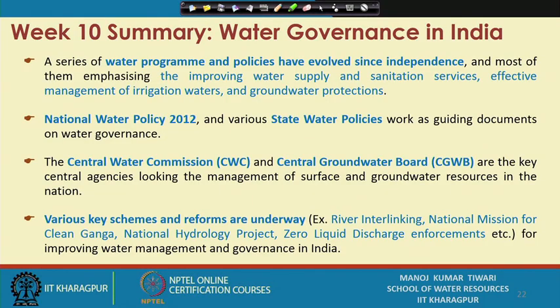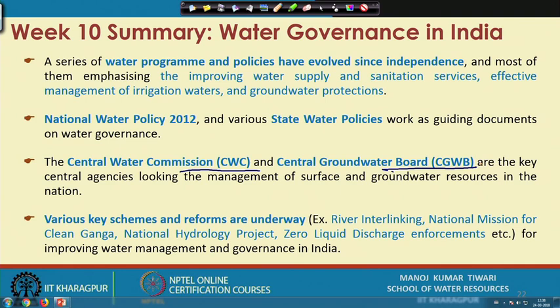In terms of institutions, we have two central institutions, the Central Water Commission, CWC, and the Central Groundwater Board, CGWB. These are central agencies which look after the management of surface water and groundwater resources in the nation respectively.